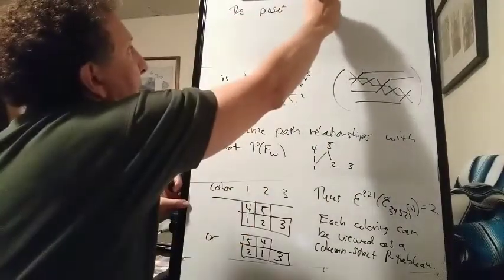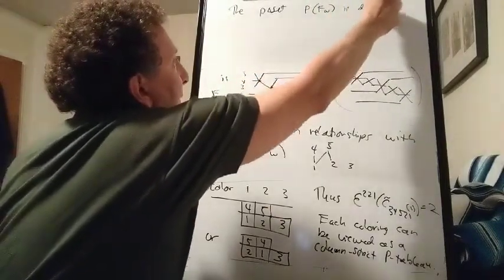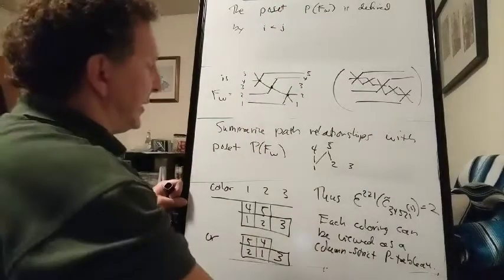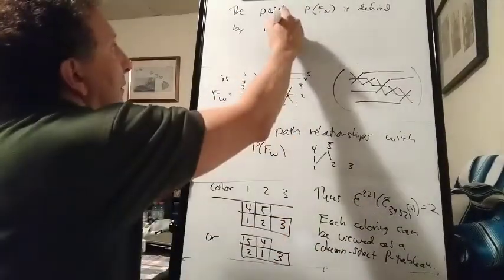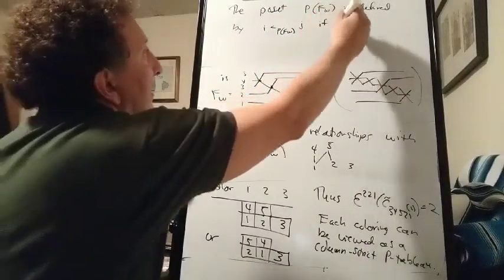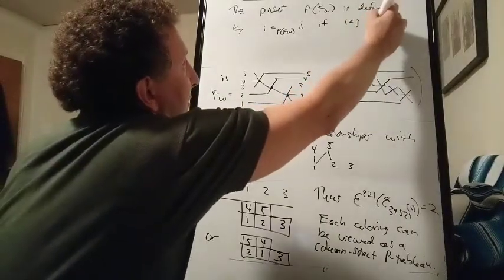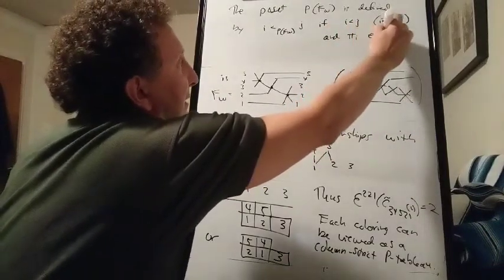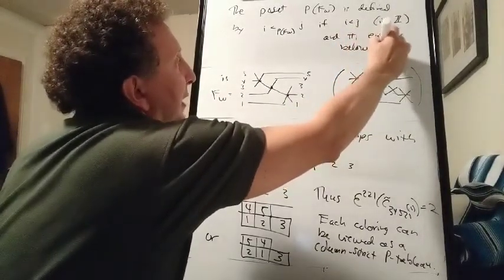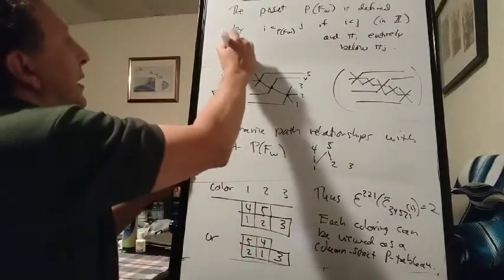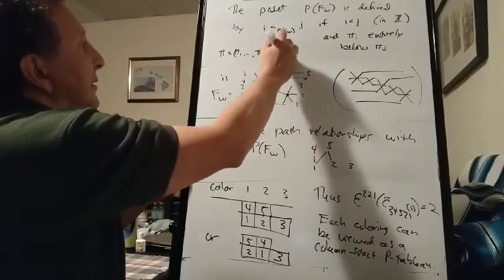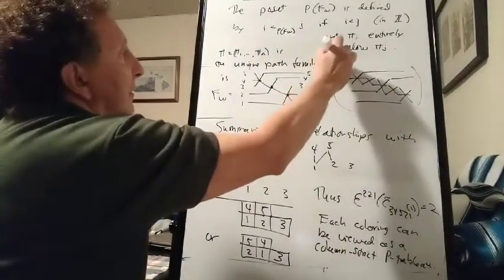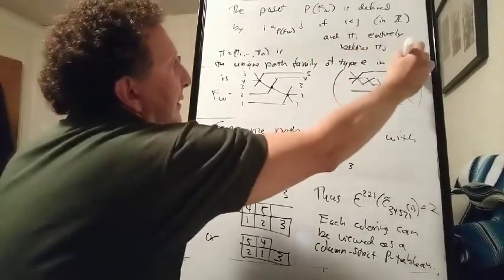So the poset P of FW is defined by I less than J in P of FW if I is less than J as integers, and path pi I is entirely below path pi J. Here, pi 1 through pi n is the unique path family of type E in FW.